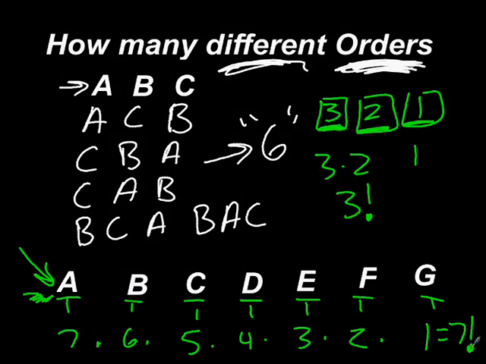Alright, so if I wanted to find all the different possibilities, I just use 7 factorial, which, if I put it in my calculator, equals 5,040. Cool.